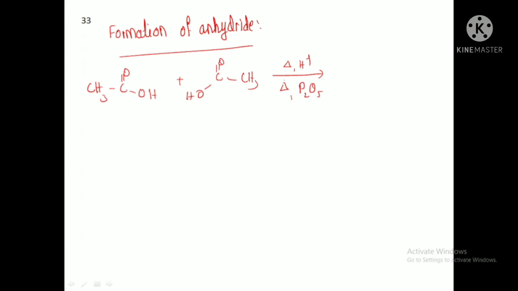What will it give? Anhydride should be formed: CH3C double bond O, O, C double bond O CH3. Removal of a water molecule will take place. Two acids on heating with P2O5 will form anhydride. So this is ethanoic anhydride.